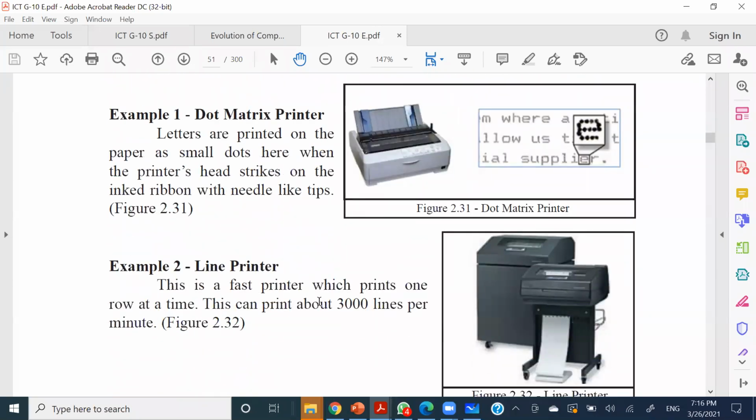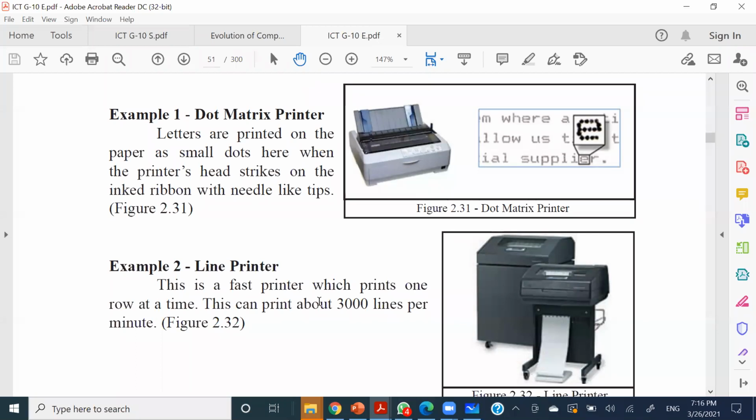And line printers were specifically used in banks in olden days, right? Nowadays they are using much more advanced technologies, but still when you have a lot of data to be printed for a cheap price, we use a line printer.